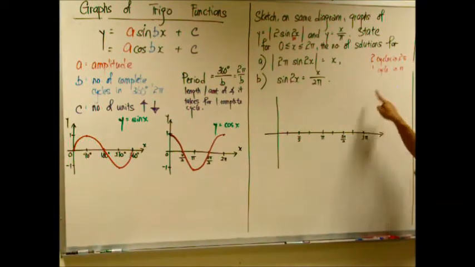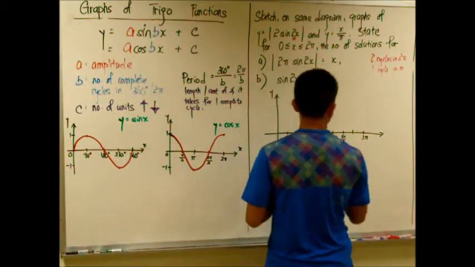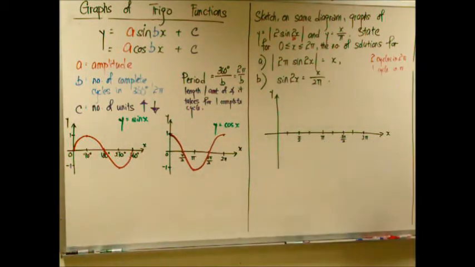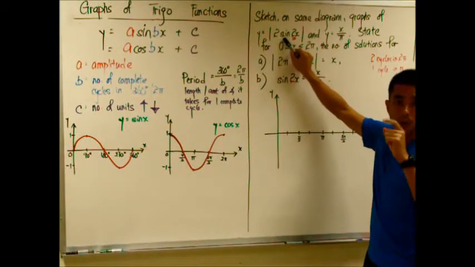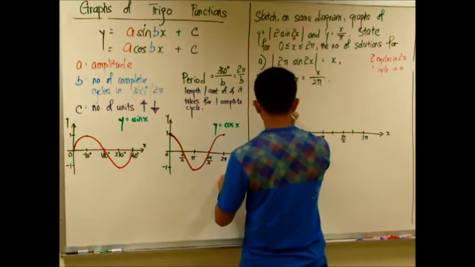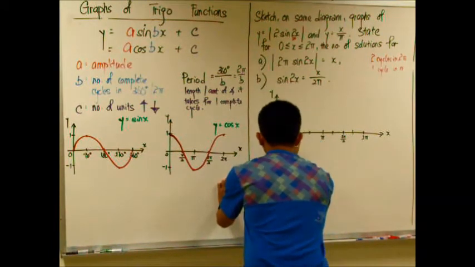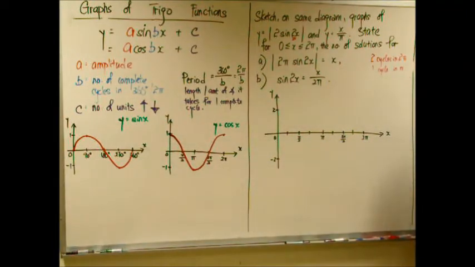Take note, our first cycle will end at pi. Now, the next thing we observe is the amplitude is going to be 2, so it's going to oscillate between 2 and negative 2. And we are ready to draw our very first one.